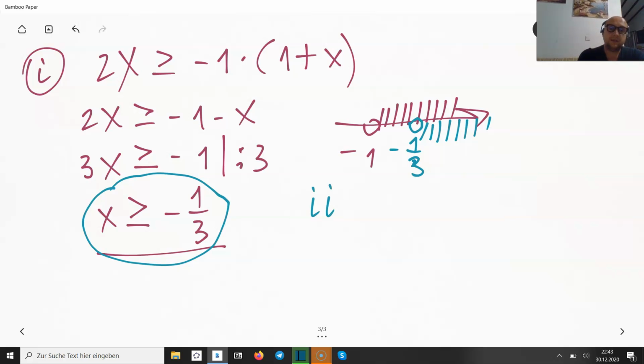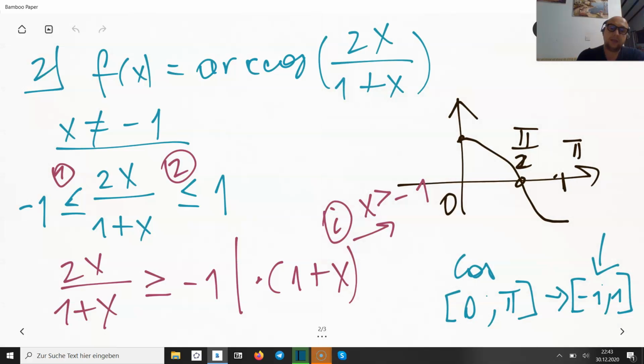And now case number 2, that means x is less than minus 1. If x is less than minus 1, we're multiplying times a negative number, so we're changing the direction of the inequality.